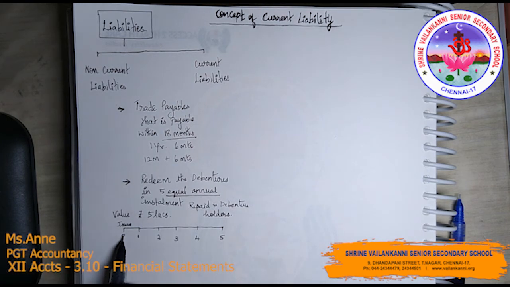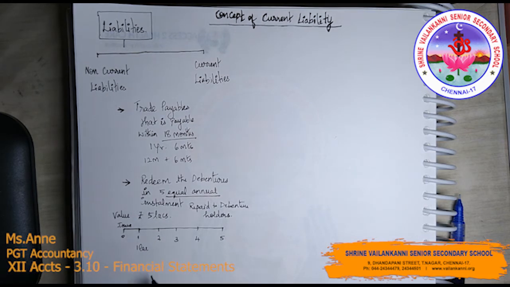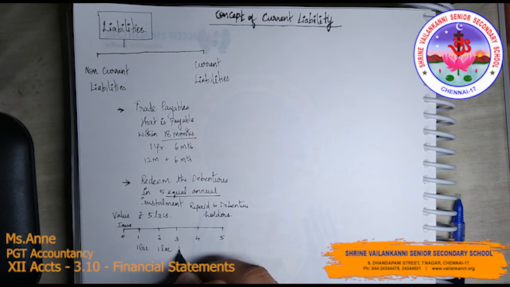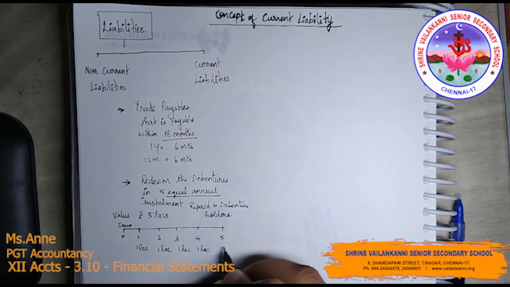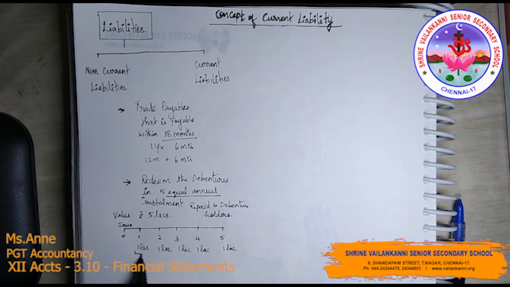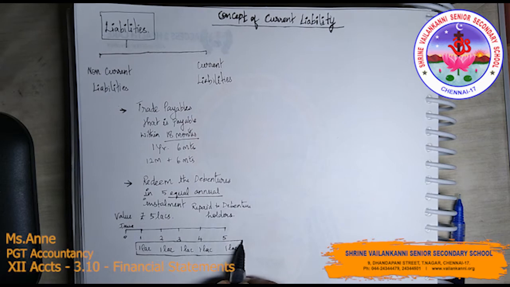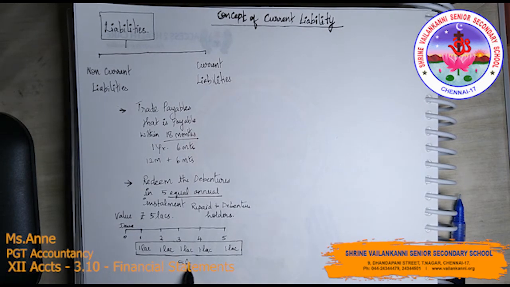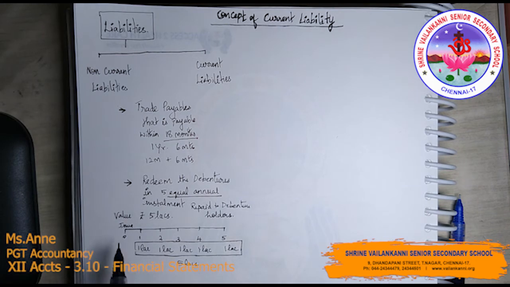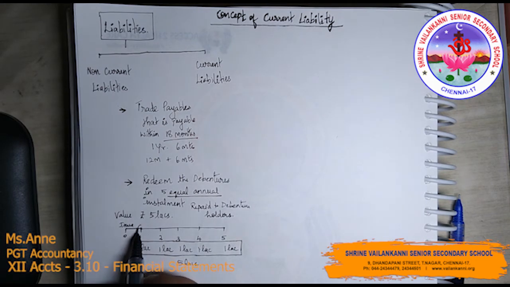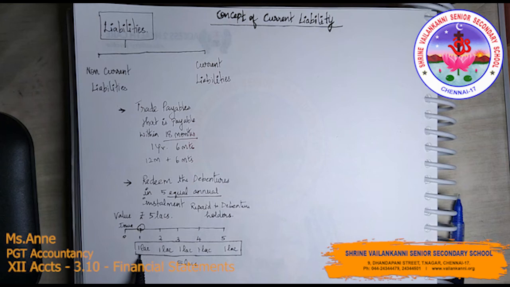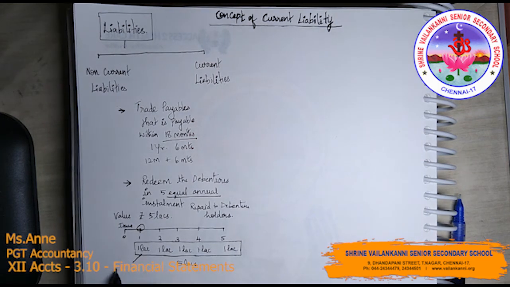Now in the first year you will have to pay 1 lakh. Second year you have to pay 1 lakh. Similarly, third year, fourth year and fifth year you need to pay 1 lakh rupees. Ultimately you would have paid over a period of 5 years 5 lakh rupees. Now when we are standing at the first year, this 1 lakh rupees, whether it has to be treated as non-current liability or current liability.